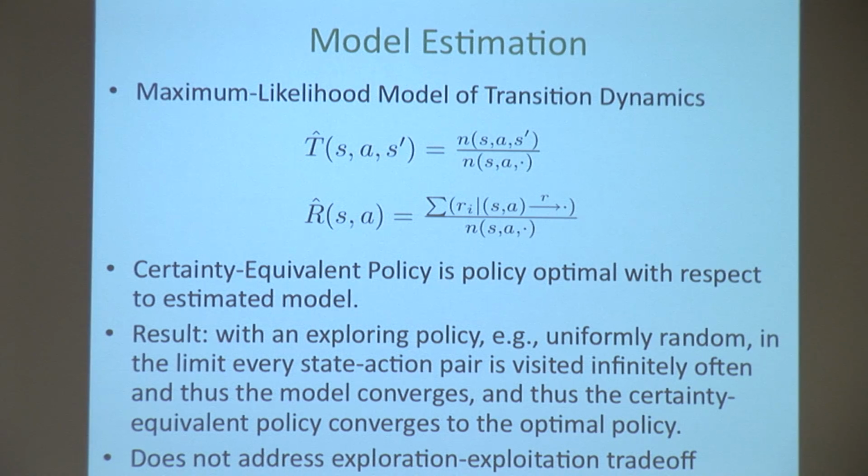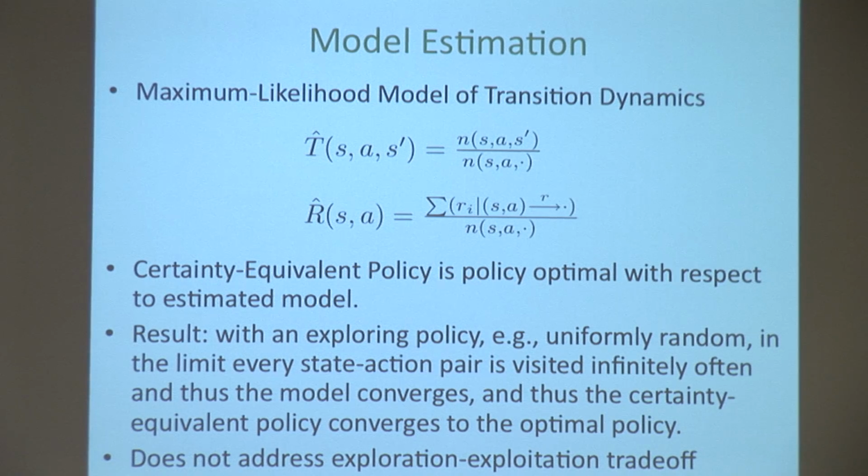Now you could do uniformly random exploration, that's fine too. Your model will converge, and the optimal policy with respect to the model will converge even though you're behaving very badly. But you could do epsilon greedy with shrinking epsilon if you want to ensure the model converges, and your behavior converges as well. Okay, so this is the simplest idea.